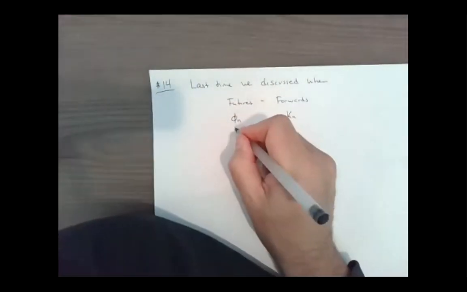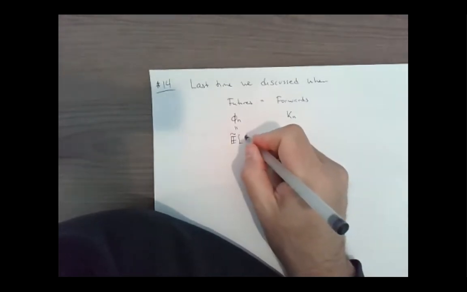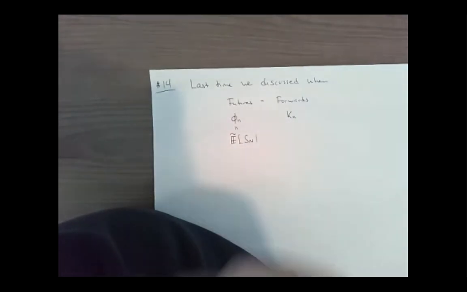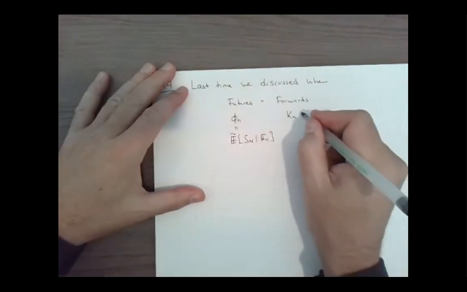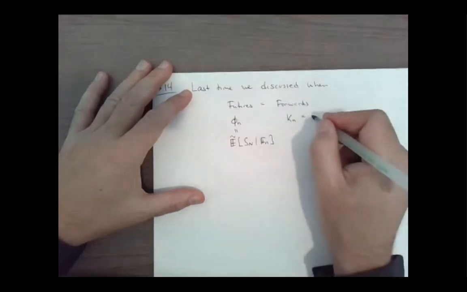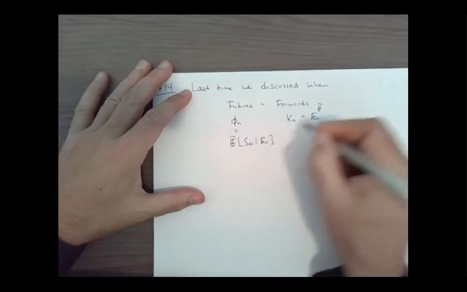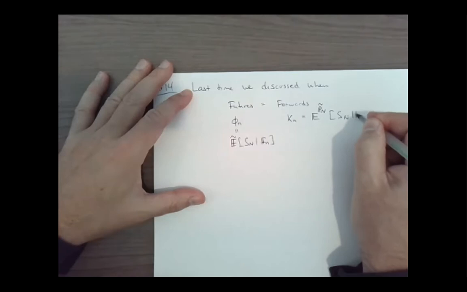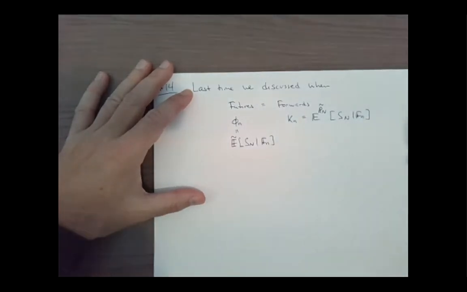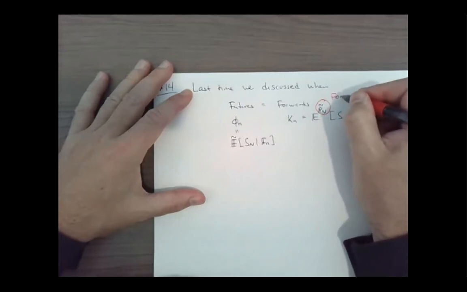The futures price was given as the conditional expectation of the terminal value of Fn, and the forwards was similarly computable, but here you had to change the measure to a p tilde n, the forward measure of Sn given Fn. So this quantity here was a forward measure.